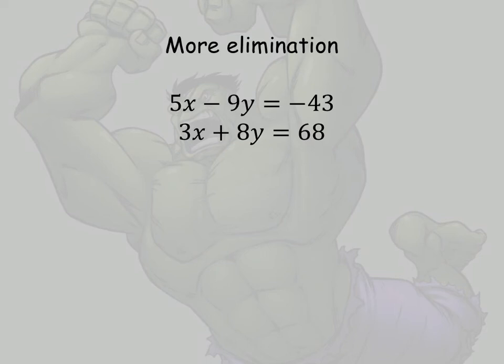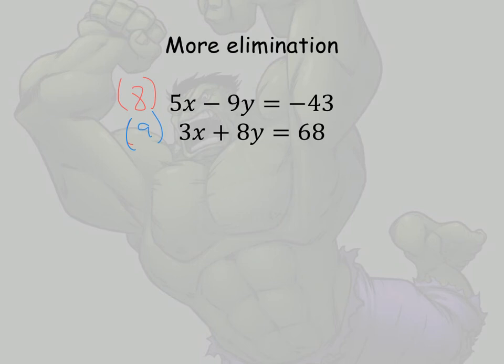So what do I have to do to get this to be 72 and this to be 72? Well, I have to multiply this whole equation by 8, and I have to multiply this whole equation, let me choose a different color, by 9. Then watch how easy it is to eliminate.